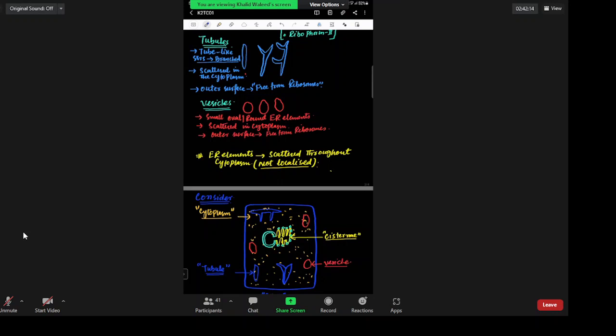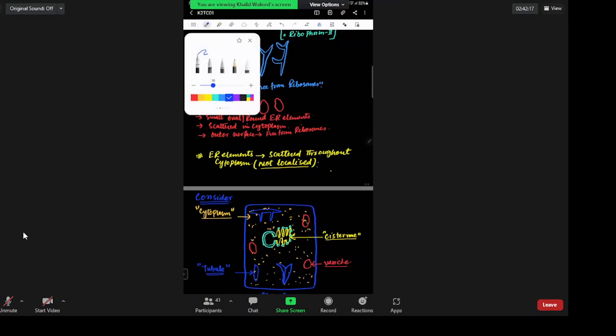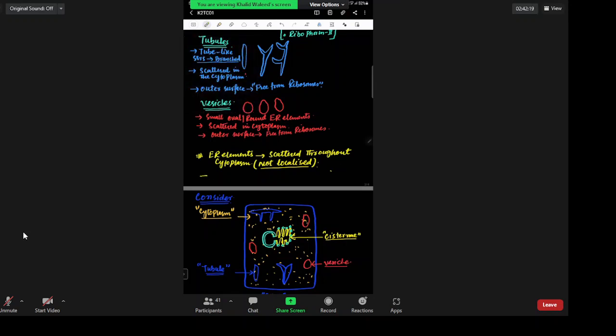एक बात. दूसरी बात, सर आपने अभी कहा ER elements माने cisternae, tubules and vesicles, they are single membrane bound, which means cisternae are single membrane bound, which means vesicles are single membrane bound, which means tubules are single membrane bound.